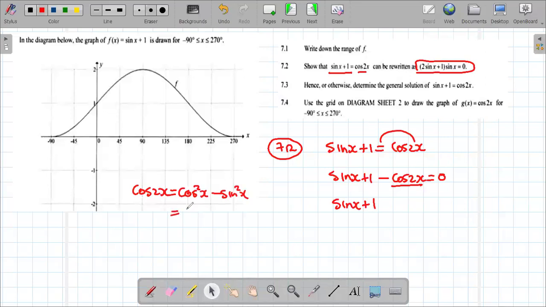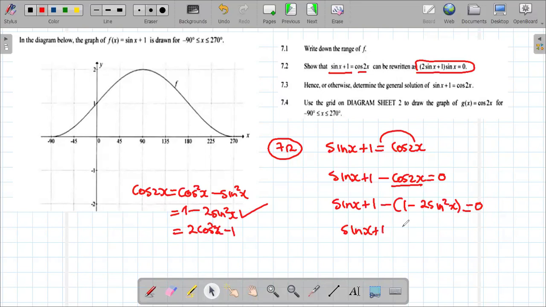Which other identity? 1 minus 2 sine squared x, and the last one 2 cos squared x minus 1. So can we pick the second one? Sine x plus 1 minus (1 minus 2 sine squared x) equals 0. Let's remove the brackets. Minus 1, and minus minus will be plus 2 sine squared x, equals 0.